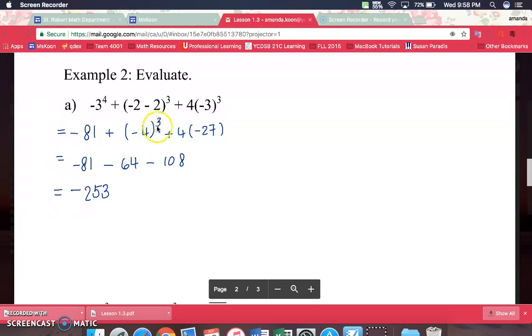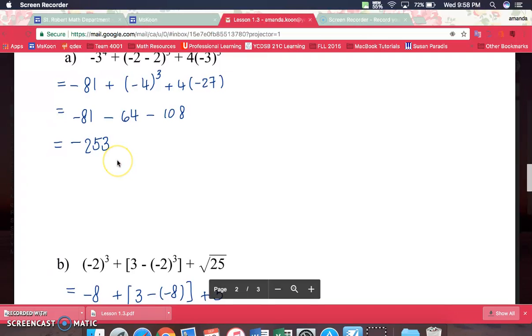Simplify (-4) to the power of 3. It is -64. Well, I have plus -64, so this becomes -64. And then I have 4 times -27, so positive times negative is a negative result of 108. And then -81, take away 64, take away 108, will give you -253.